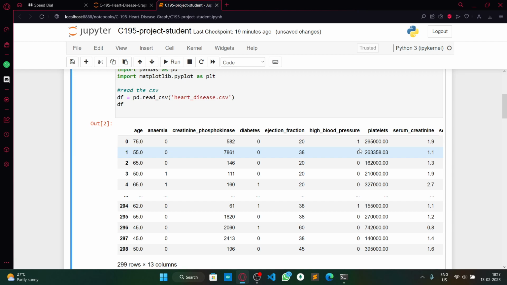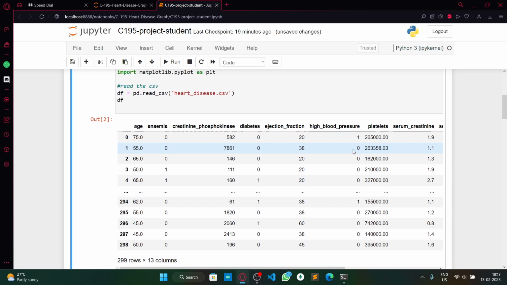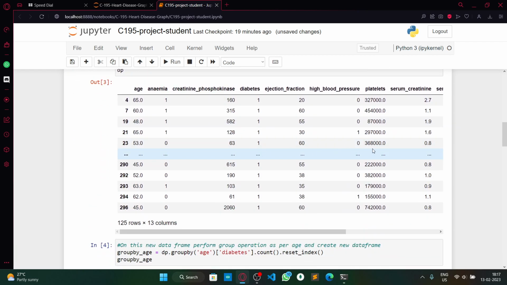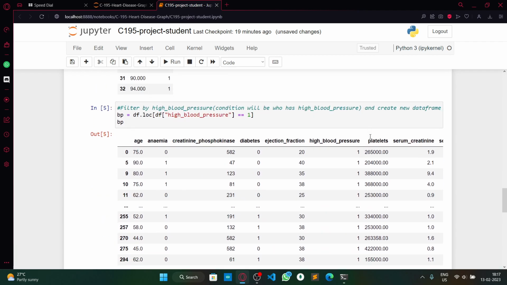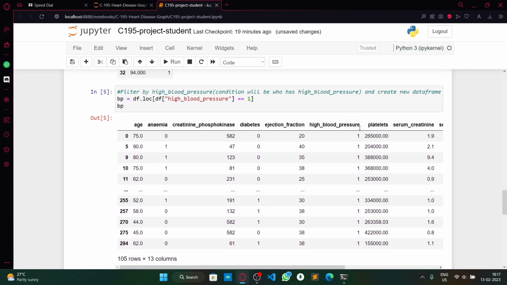That's considered normal across the world. If they have high blood pressure like 150 or 180, sometimes I saw people having 180 by 115 pressure also. So now you see we got all high blood pressure patients, but all of them are not diabetic. You see that.